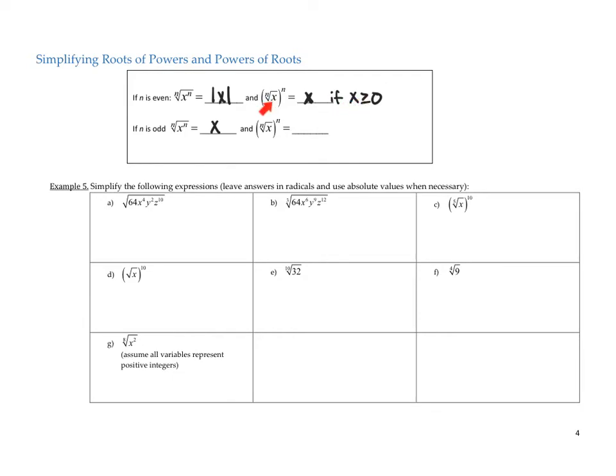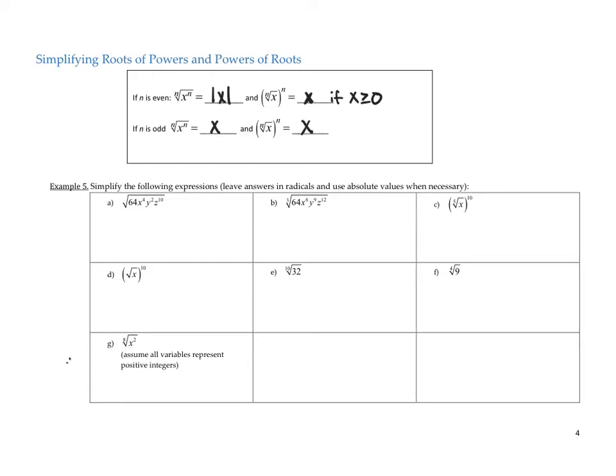So we take the nth root first and then raise it to the nth. We think of those two operations as sort of undoing each other, but it's not a full undo, it's only a partial undo. So in this case, it's only for x's that are positive. But again, if we have odd roots, it doesn't matter. You can take the nth root and then the nth power, and you just get x.